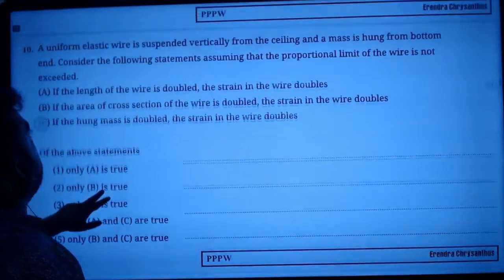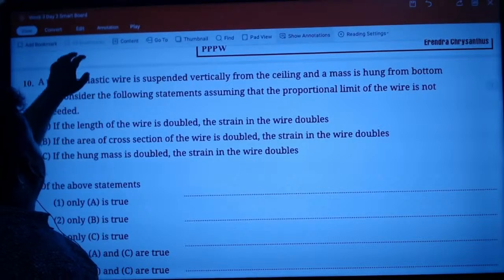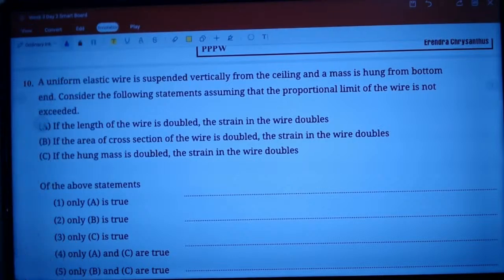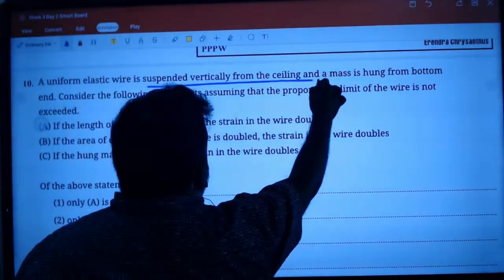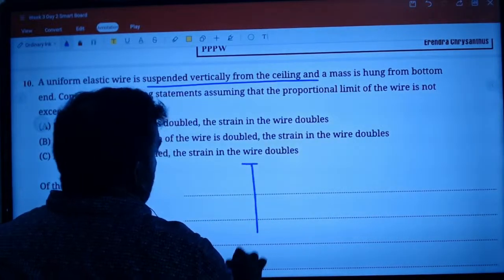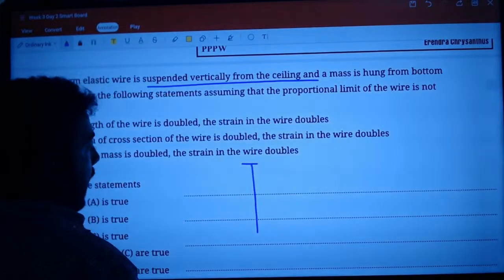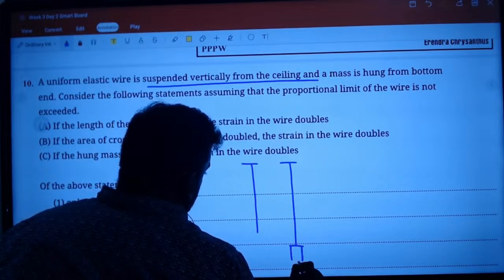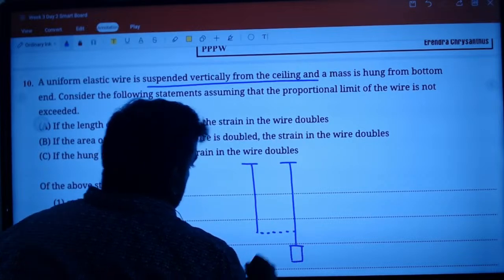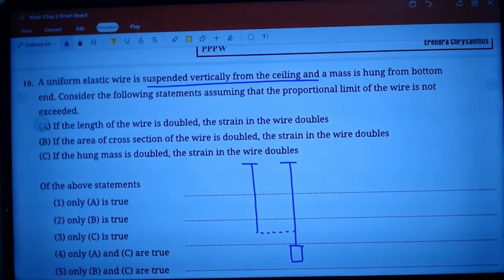Moving on. Okay. Read carefully. A uniform elastic wire is suspended vertically from the ceiling, and a mass is hung at the bottom. So with the mass, there will be a small extension taking place.